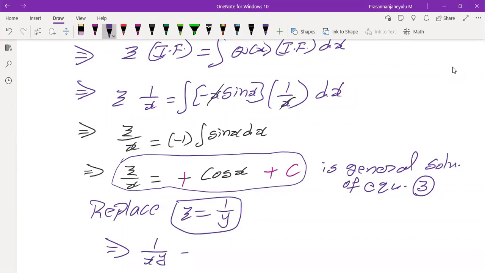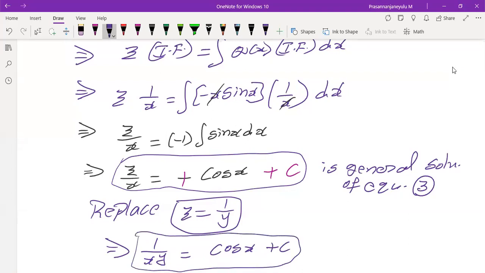So 1 by xy is equal to cos x plus c, which is the general solution of the given Bernoulli's differential equation. You can mention this, because at the time of equation number 1 you mentioned it is a Bernoulli equation.